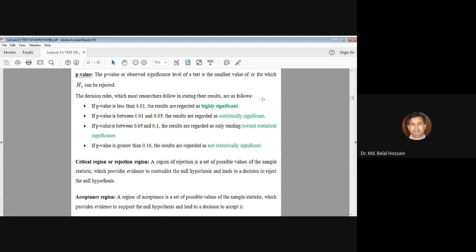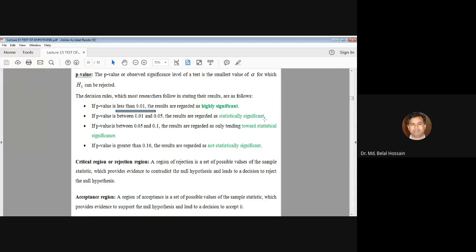Okay, the decision making is easier for the researcher based on this p-value. If the p-value is less than 0.01, that hypothesis is considered highly significant. A p-value between 0.01 and 0.05 is regarded as statistically significant if alpha value is not given.